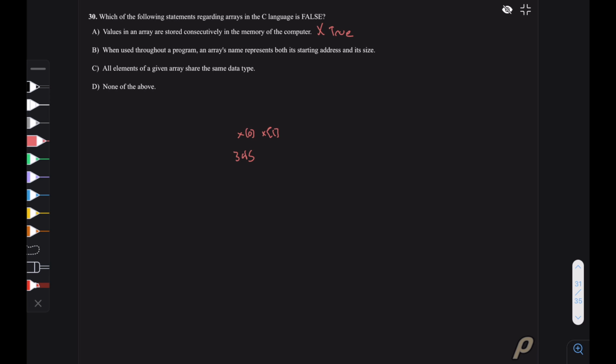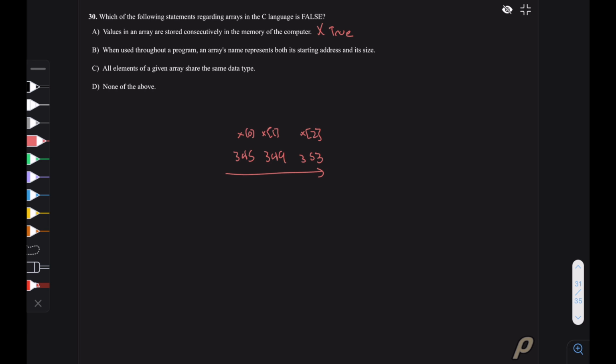So then it'd be at 349, and then the next would be at 353. The semantics of that are not important, but basically you just need to know that they are stored consecutively in the memory of the computer, so A is true.